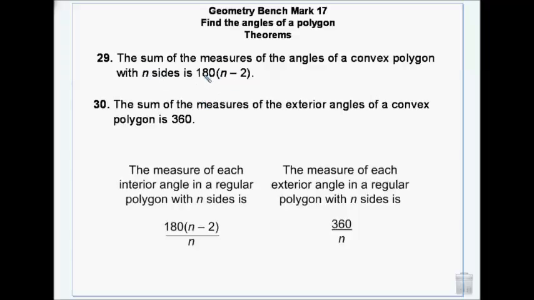N is the number of sides, so we take 180 times n minus 2. So let's say we do an octagon. So we'd have 8 sides. It would be 180 times 8 minus 2. So 180 times 6, which is some number. Hold on. 1080. So an octagon has 1080 degrees in it.